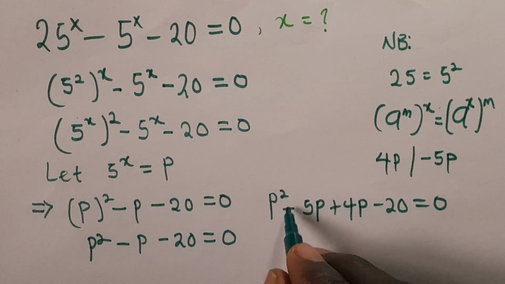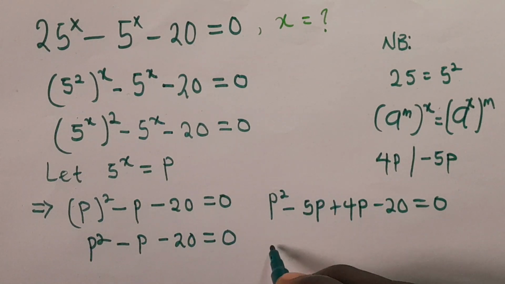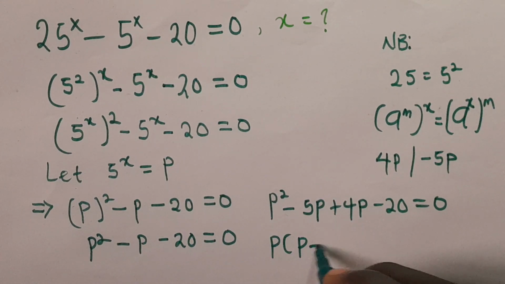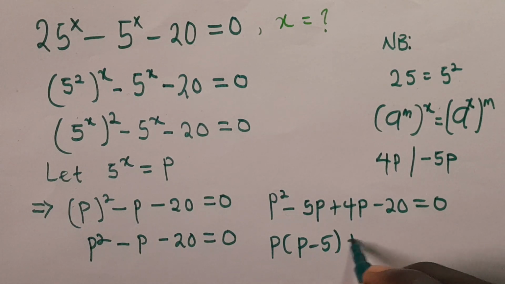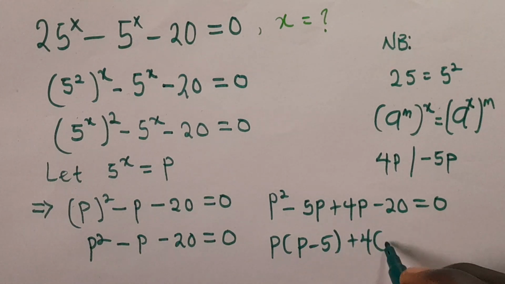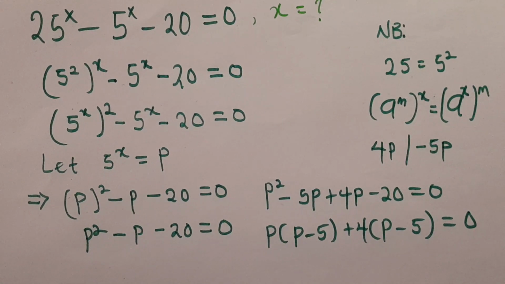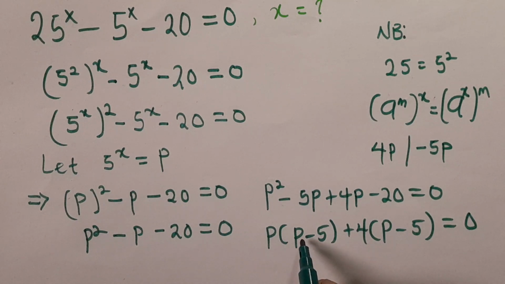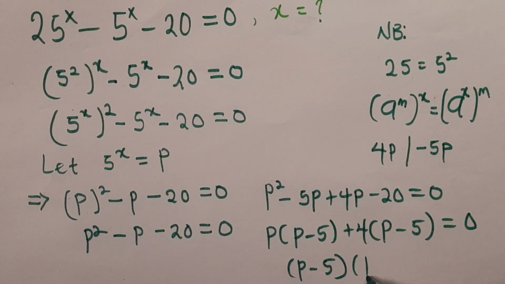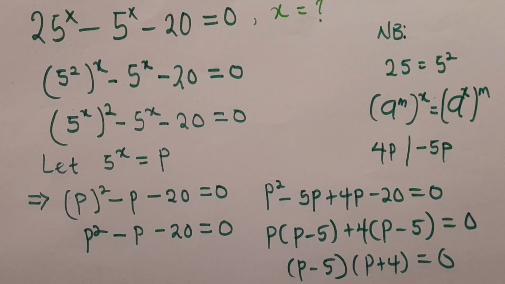So we have p into bracket of p minus 5 plus 4 into bracket of p minus 5, everything equals 0. Now p minus 5 is common. We can have it to be p minus 5, then we take this and this, p plus 4 equals 0.